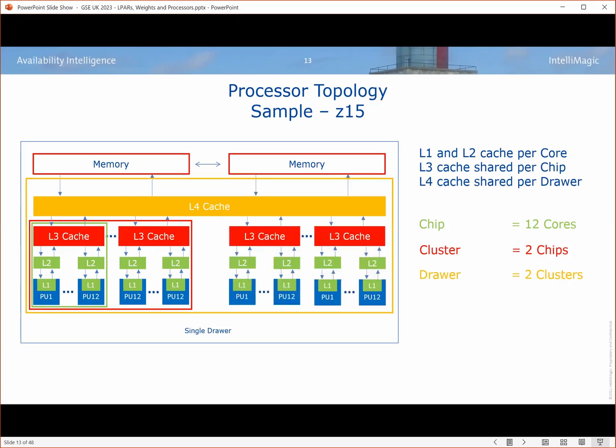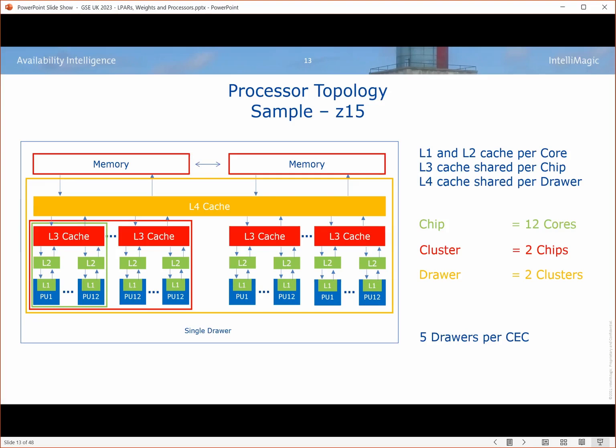And then we talk about a drawer, which contains 2 clusters. Okay, so we're building up our image of the processor topology in our current architecture, Z15. And that is a single drawer. And with this particular architecture, we can go to 5 drawers.